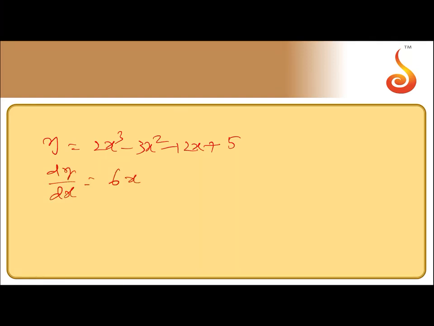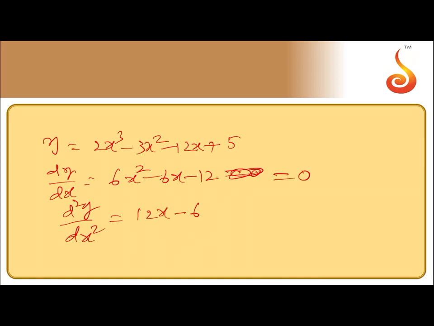Calculate dy by dx, that is 6x square minus 6x minus 12, and that must be equal to 0 for either maximum or minimum. d square y by dx square will be 12x minus 6.